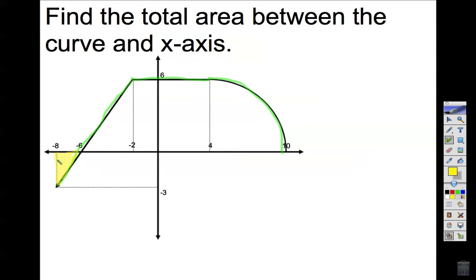this triangle right here. That's the first one. Our next area is this other triangle.